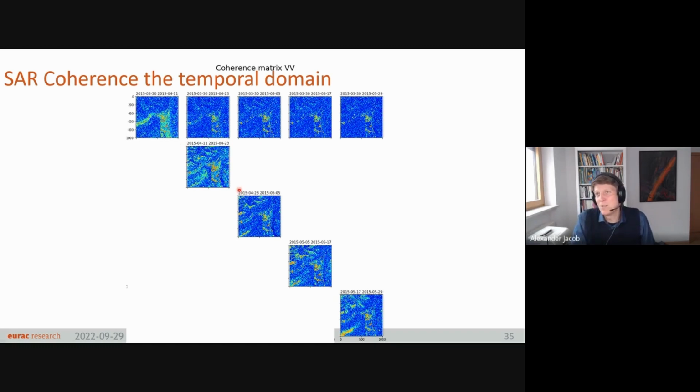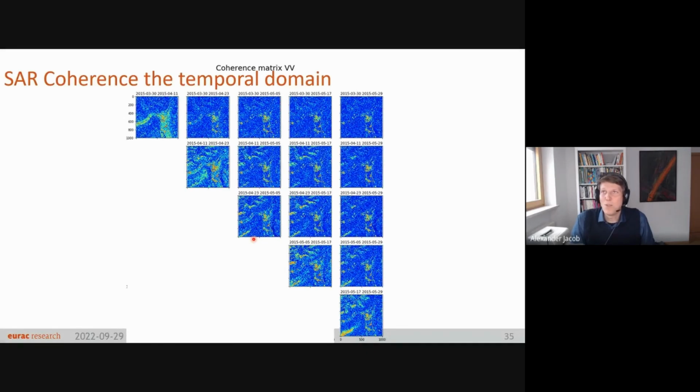But then when spring sets in, it becomes less and less coherent because the vegetation is growing, and between two observations the change in the leaves and twigs and so on is too big to have any level of coherence. You can do this for all the combinations, but again, you need to store all of them, which is quite a lot of data.